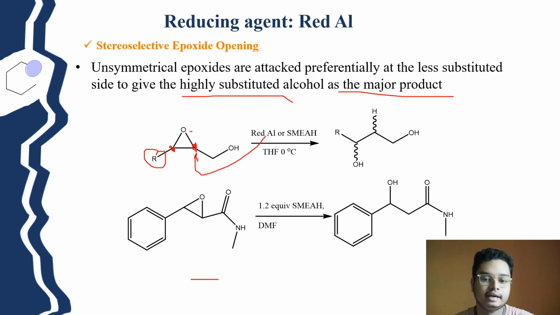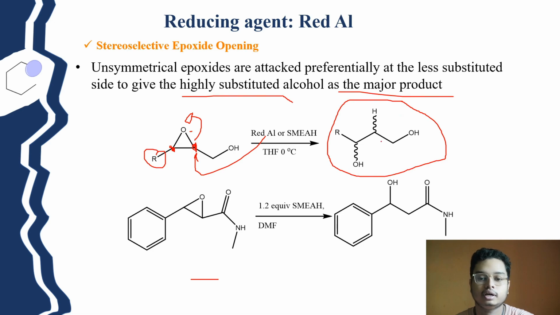So the hydride attacks from here, this particular bond goes up, and it generates this as a product, and the stereochemistry is based on the reactivity. Similarly here also, this is the less hindered side, so it will transfer the hydride from here and not here, and it goes down to give this type of compound.